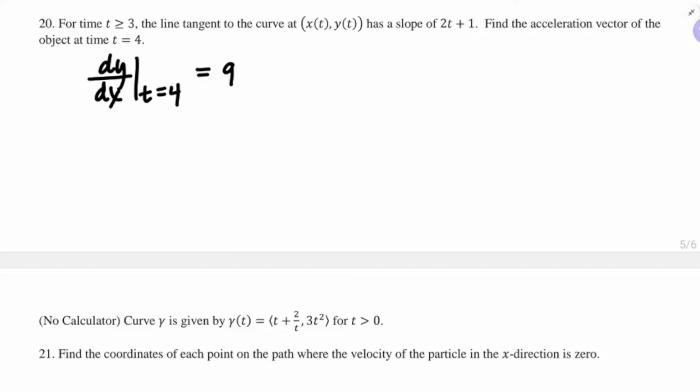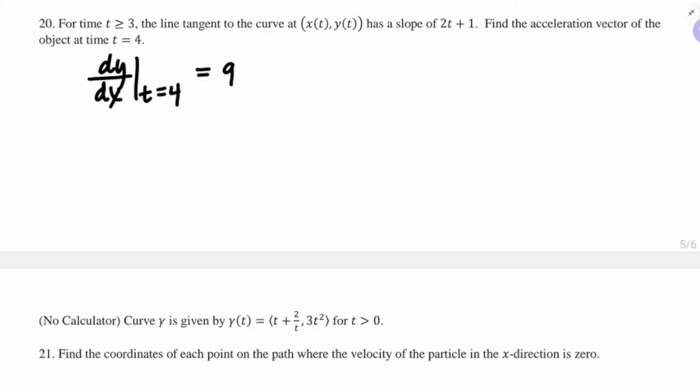Find the acceleration vector at time t equals 4. Let me remind myself how I've done this one in the past. I didn't look it up; I don't want to be stumped by one problem in my own homework. I think it has to do with the fact that it's for all time t greater than or equal to 3. So I think the fact that dy dx at t equals 4 equals 9 is going to be pretty much useless to us.